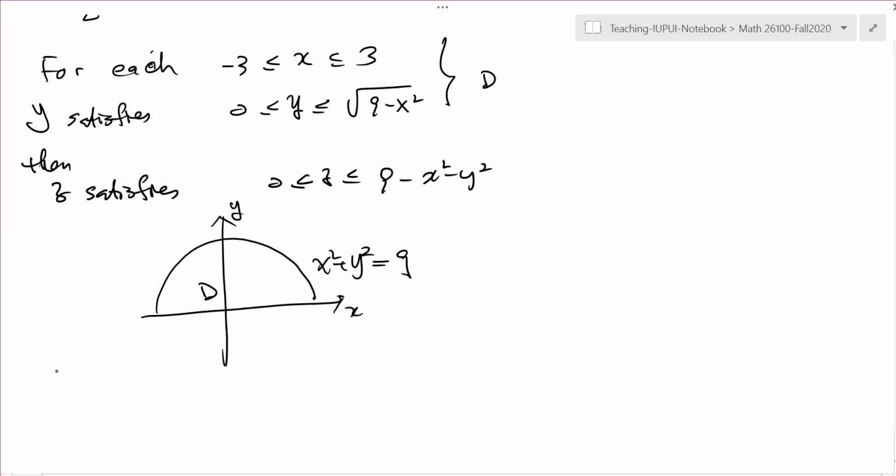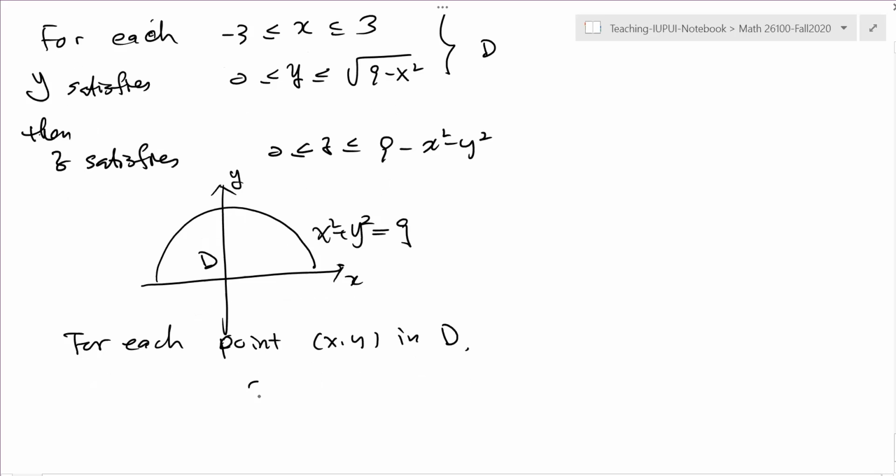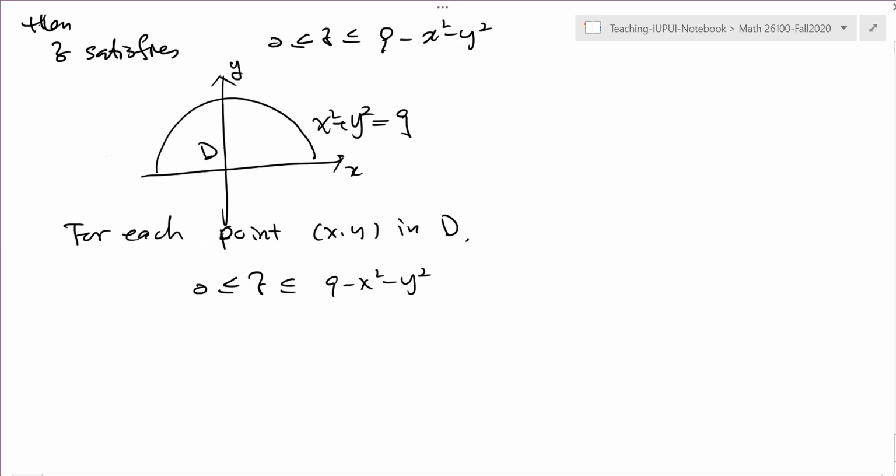Then for each point in this D, Z is between 0 and 9 minus x squared minus y squared. So let's look at the equation Z equals 9 minus x squared minus y squared.